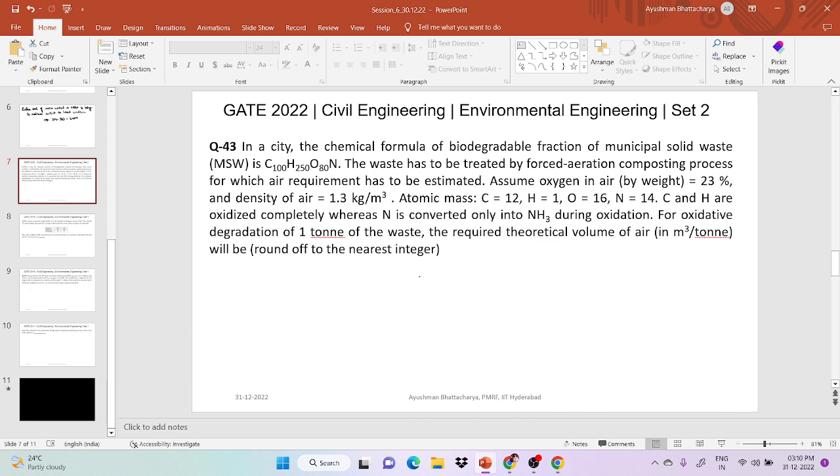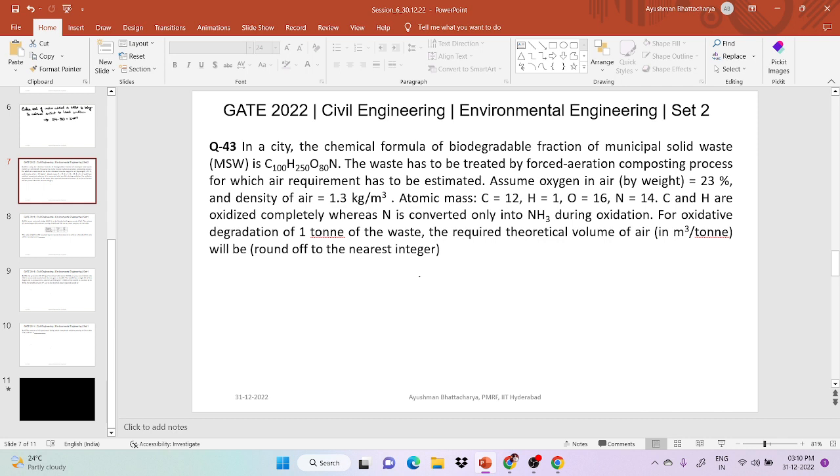Assume oxygen in air by weight is 23%, density of air is 1.3 kg per meter cube, atomic mass of carbon is 12, hydrogen is 1, oxygen is 16, N is 14. C and H are completely oxidized, whereas N is converted to ammonia during oxidation. For oxidative degradation of 1 ton of the waste, the required theoretical volume of air will be.